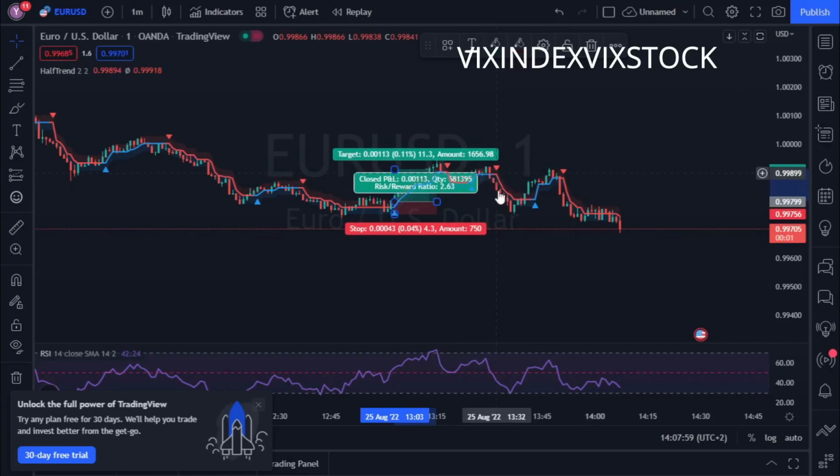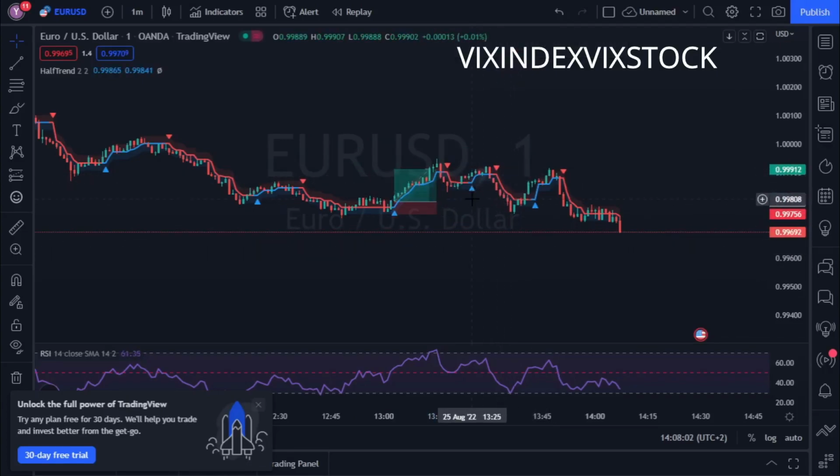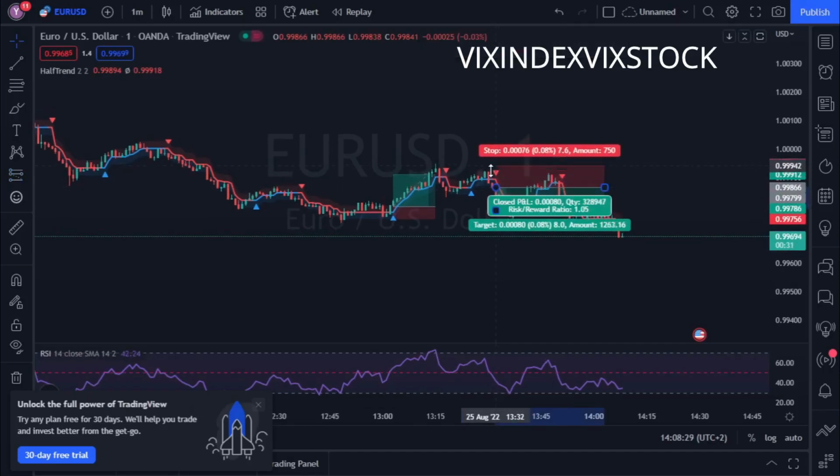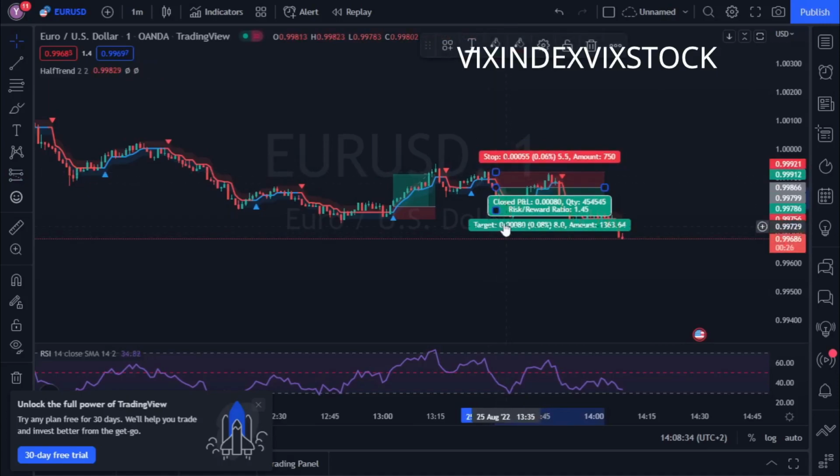And here we have a cross. Here we did not take it because you can see what's happening with our RSI. That's why we need the RSI to filter out any bad trades. Then we waited for this, and we saw the RSI drop below our 50, and then we go in with a short position on the next candle, and our stop loss just above our previous candles there.